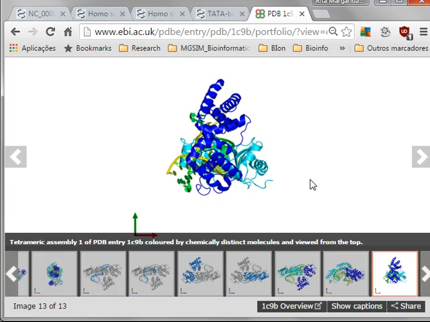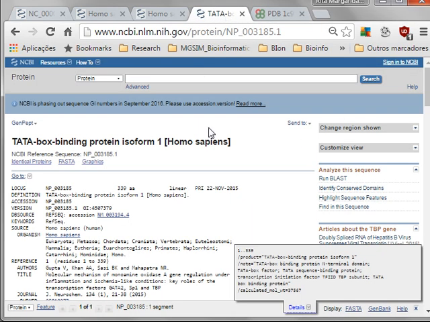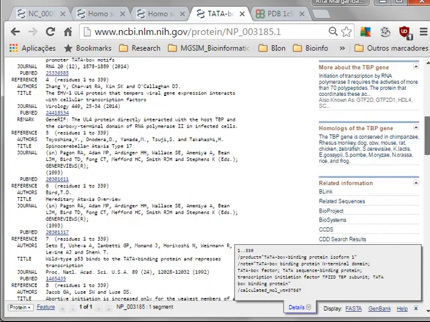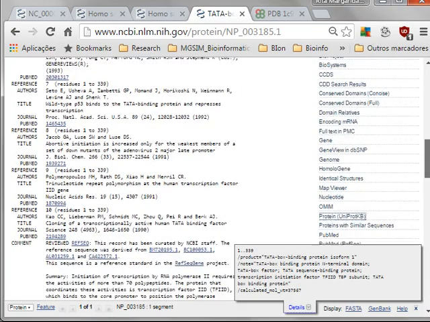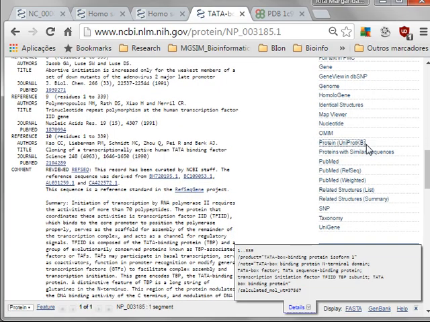About proteins, you may also find at UniProt and at GenPept some links to other databases, and you have cross-references from this primary database to other databases. For example, the protein at UniProt links exactly to the database of NCBI.